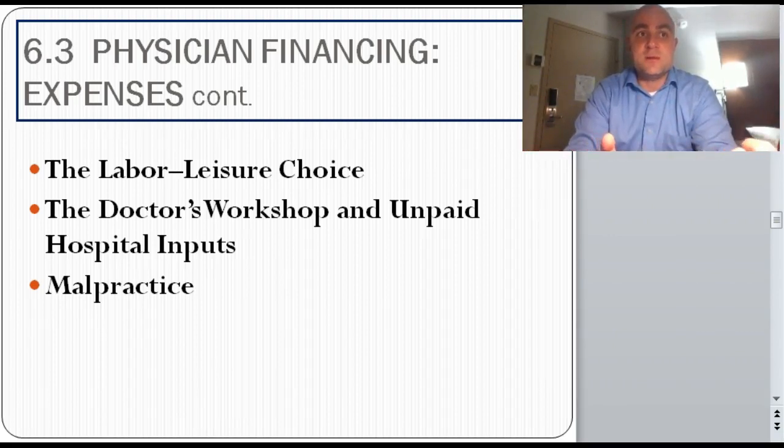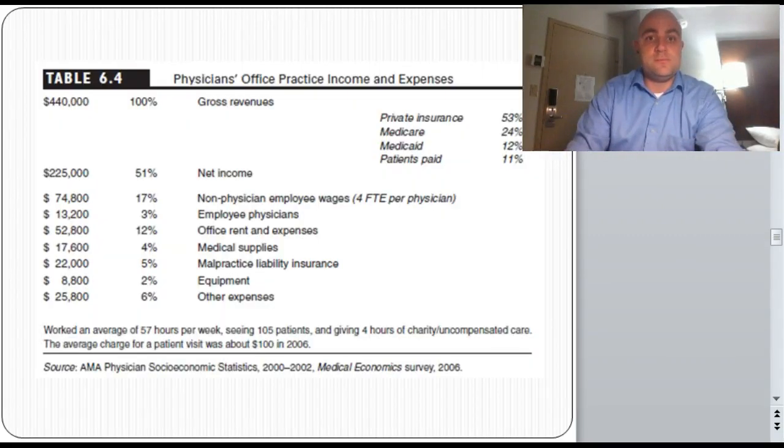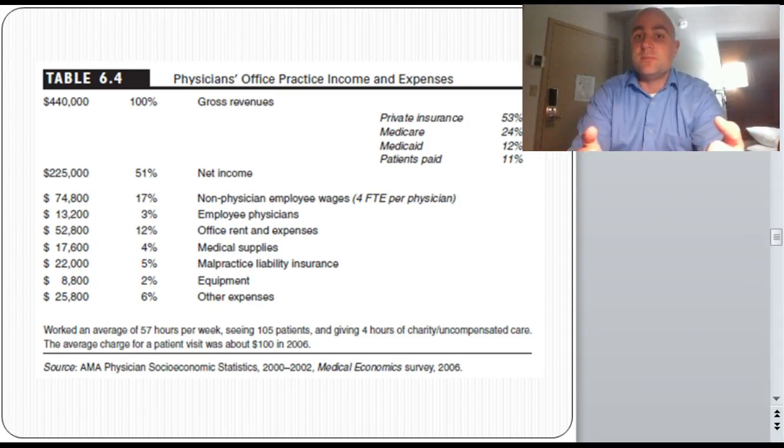Whereas a pediatrician, on the other hand, may not be as likely. So the premiums really vary depending on how likely it is that the doctor will have a lawsuit brought against them. But in general, this is the breakdown. They get the revenue coming in, but a lot of that has to go towards their expenses.